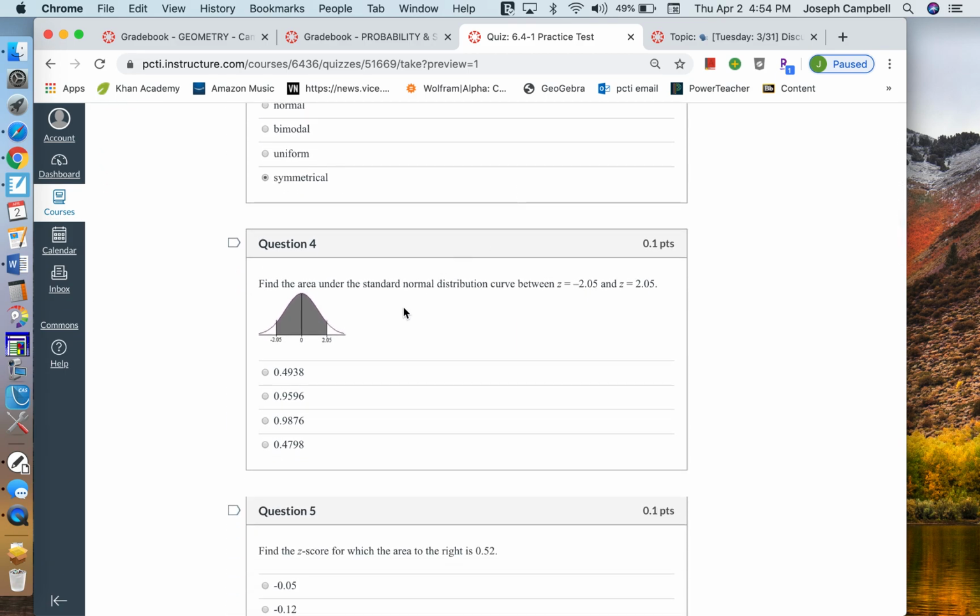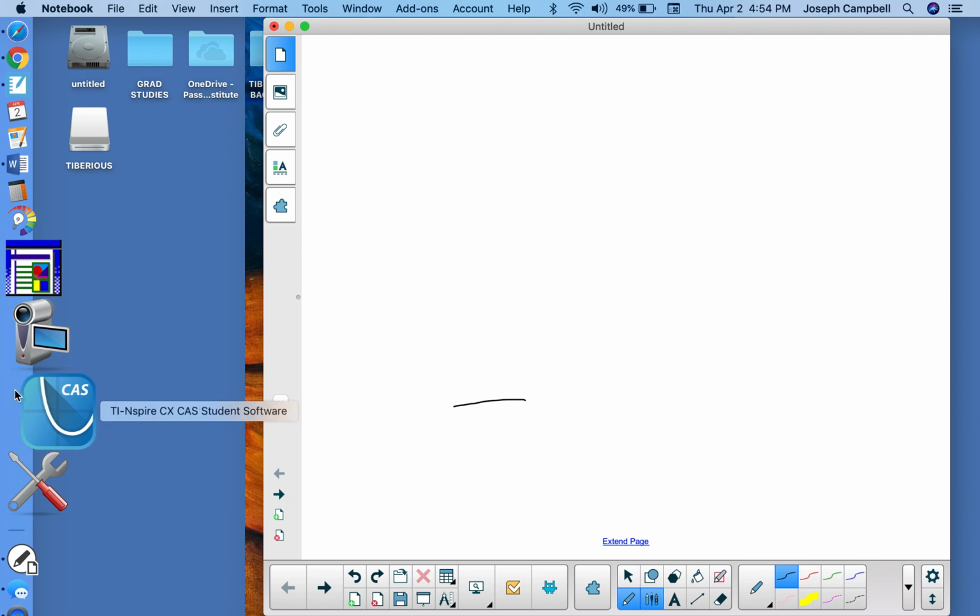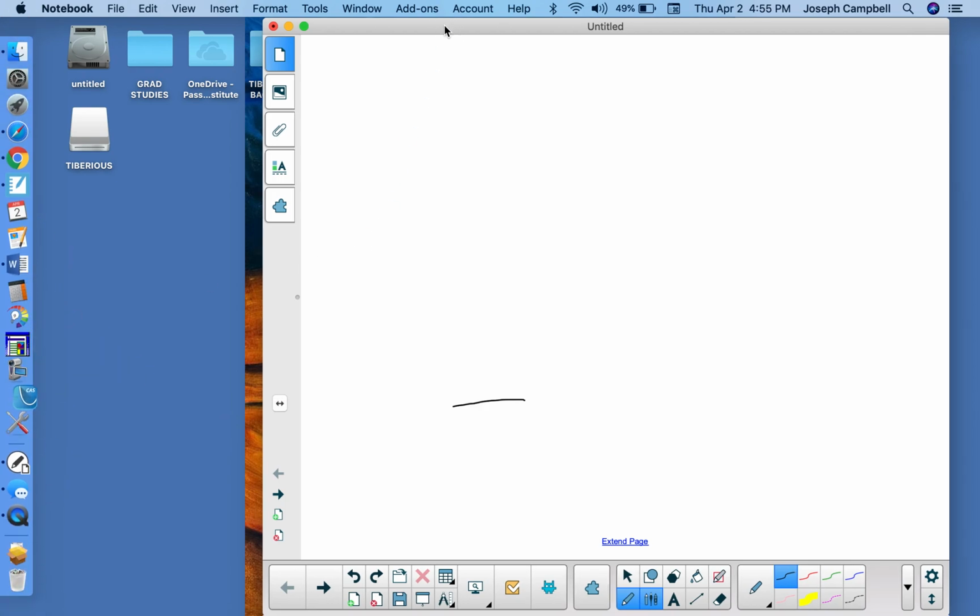So find the area under the standard normal distribution curve between these two values. So standard normal means mean of 0, standard deviation of 1. So I would go to my normal distribution calculator and just find these areas and subtract them. Well, I guess I can actually do that if you want. Open up CAS.